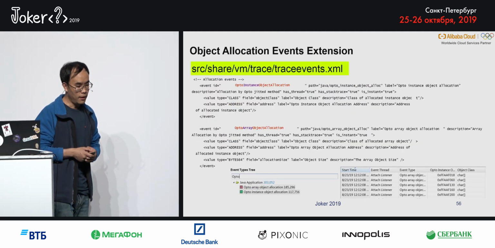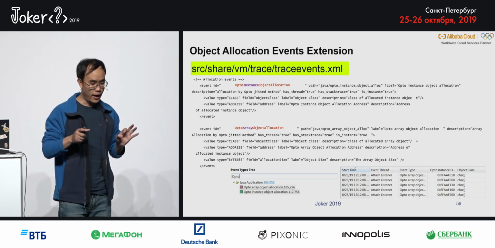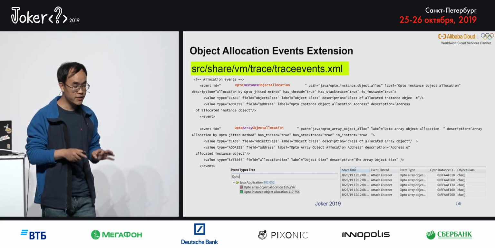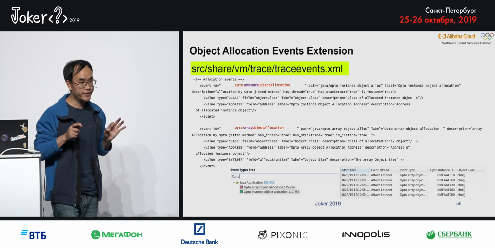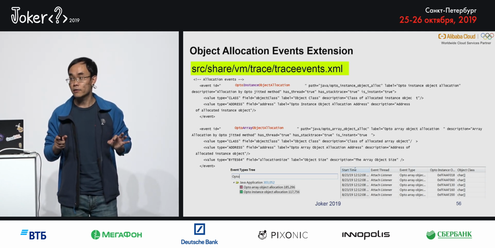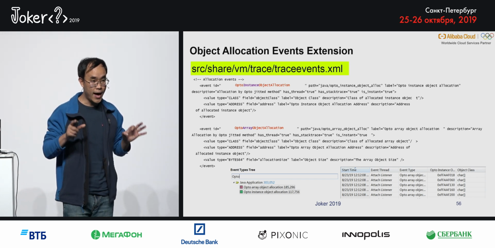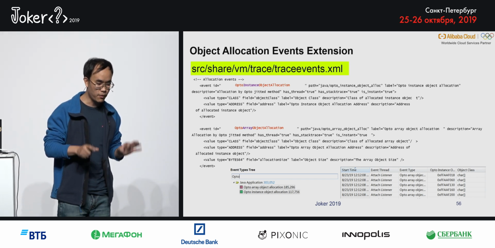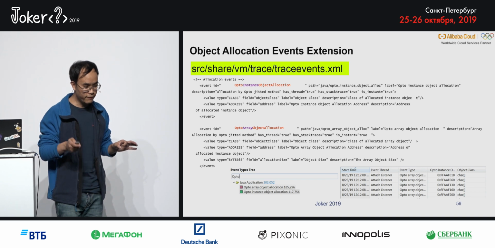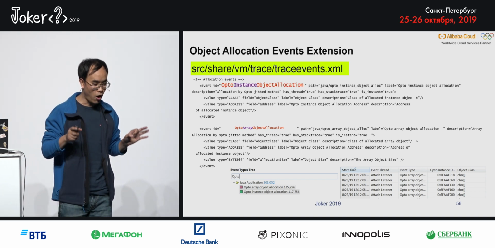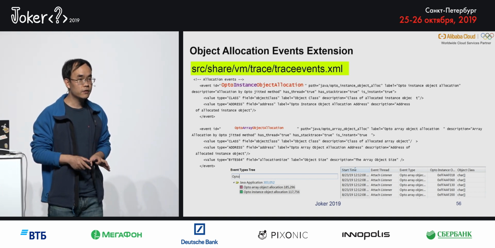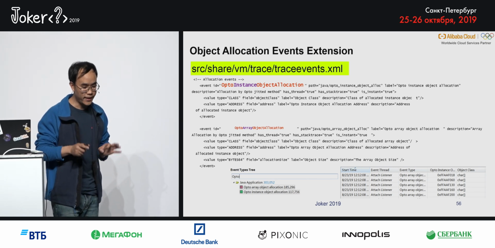This is the trace event XML file. This file is the place where the JFR events are declared. You can see we add 2 events in this XML file. The first event is called up-to instance object allocation, which is for instances.